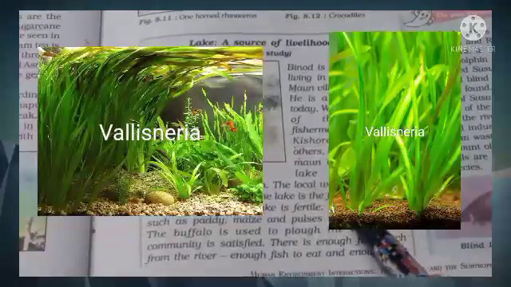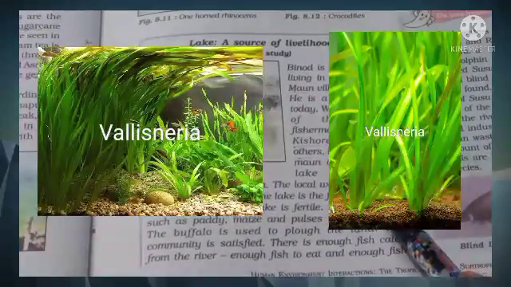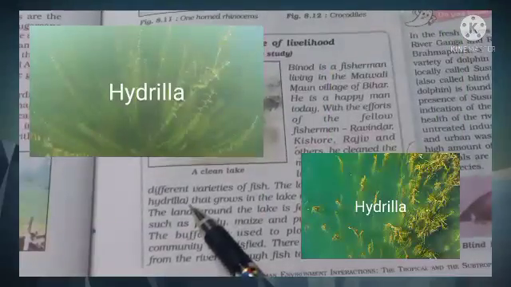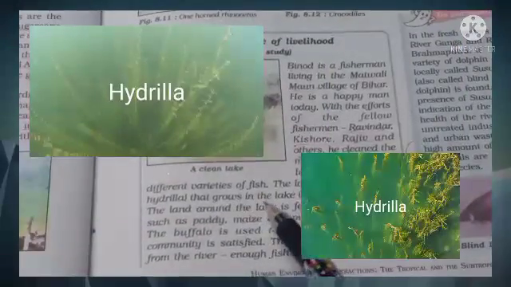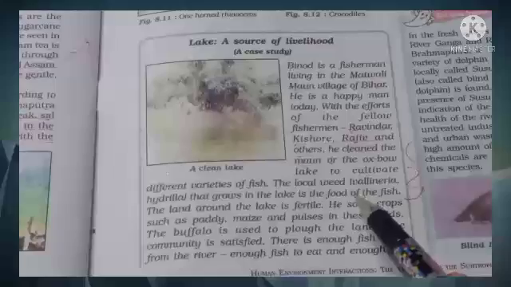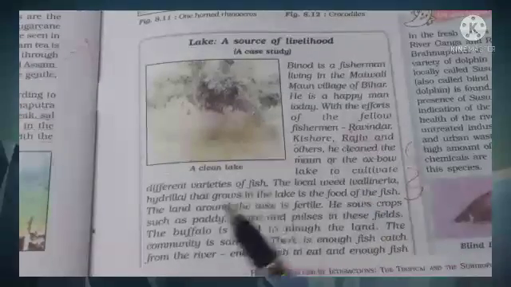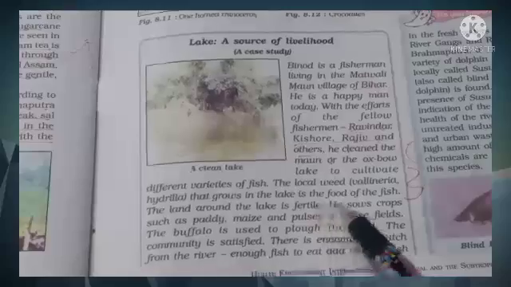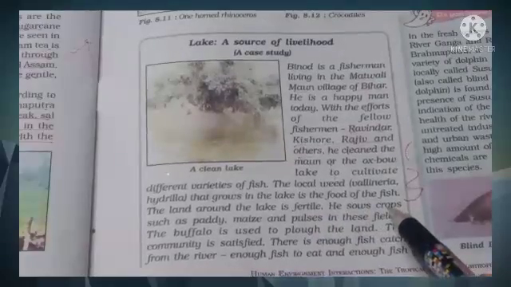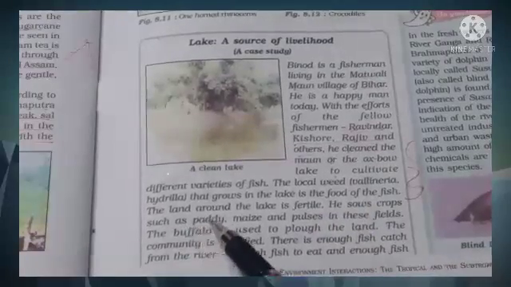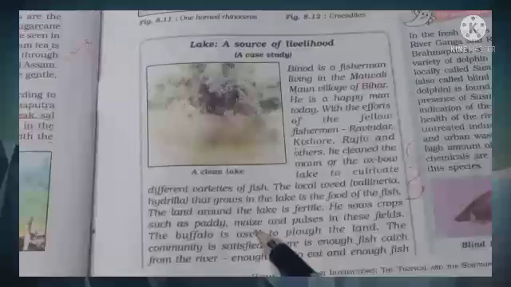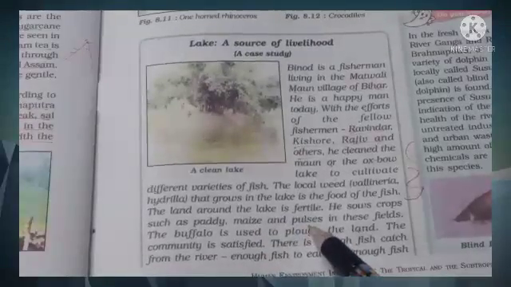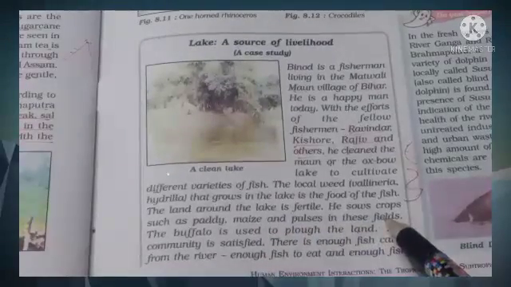The local weed Vallisneria hydrilla that grows in the lake is the food of the fish. The land around the lake is fertile. He sows crops such as paddy, maize, and pulses in these fields.